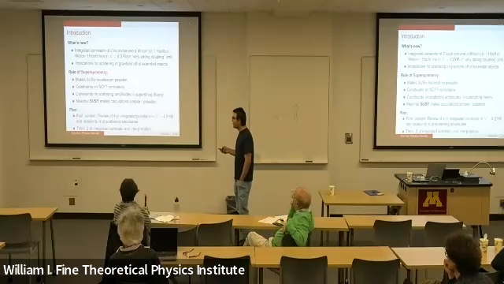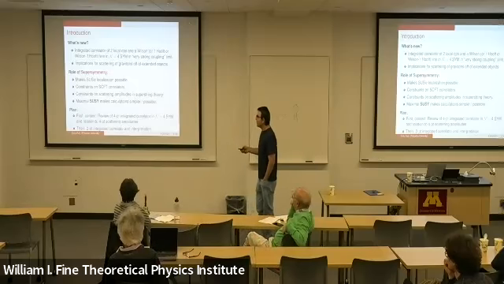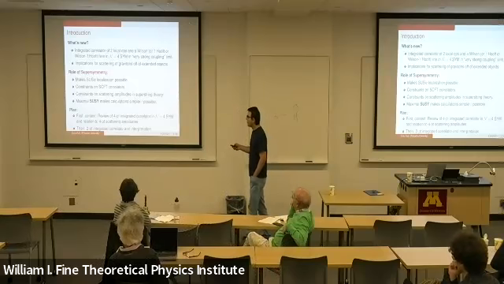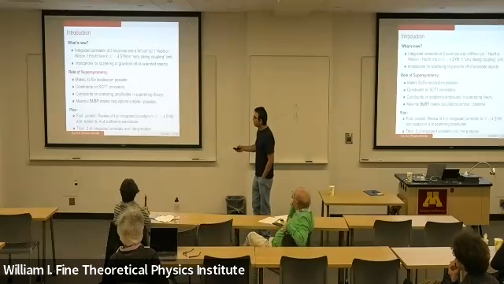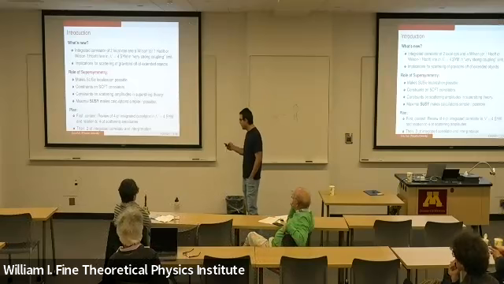So the plan of the talk is this. First, I'll review for context a story about the 4-point integrated correlator in N=4 super Yang-Mills and its relation to the 4-point scattering of gravitons and their superpartners in 10 dimensions.